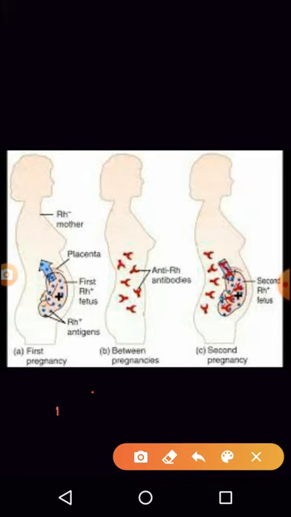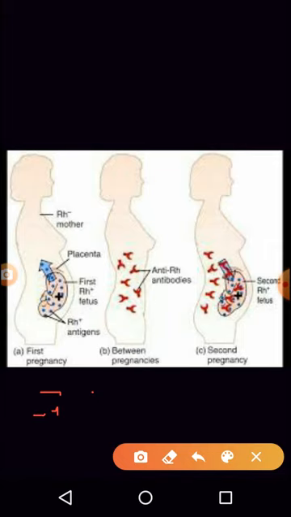Now suppose the mother is Rh negative and the fetus that is growing is Rh positive. The mother does not have the D antigen on the RBC surface, whereas the child has the D antigen, which means D antibodies can be produced against it.